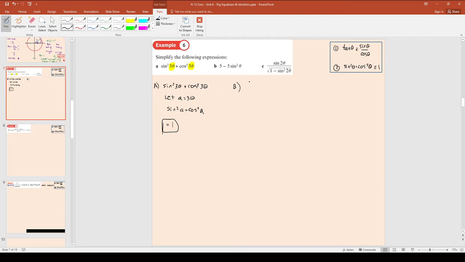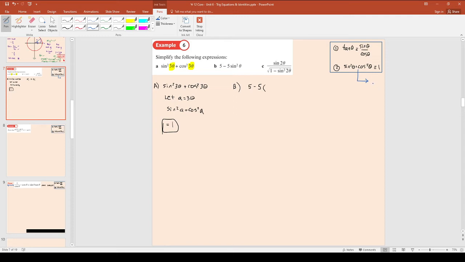Okay, now if you said B is easy, yeah, but it's not quite so easy as you think. Maybe it is not super easy, but here we go. It's 5 take away 5, and here's what I'm going to say. See how it's sine squared theta? Well, if you look at this bad boy here, you could rewrite this identity that we've just got.